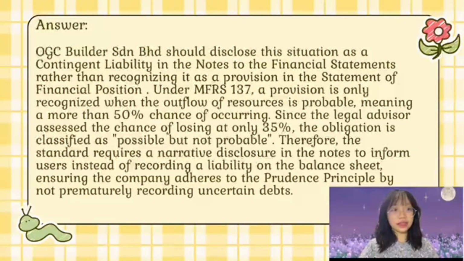Since the legal advisor assessed the chance of losing at only 35%, the obligation is classified as possible but not probable. Therefore, the standard requires a narrative disclosure in the notes to the accounts instead of recording a liability on the balance sheet, ensuring the company adheres to the prudence principle by not prematurely recording uncertain debts.